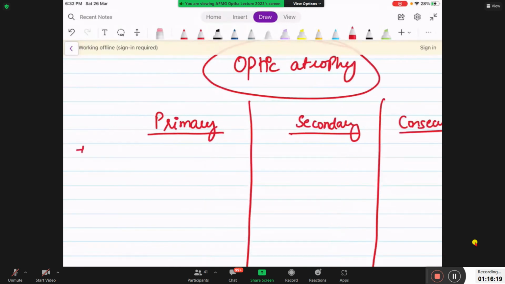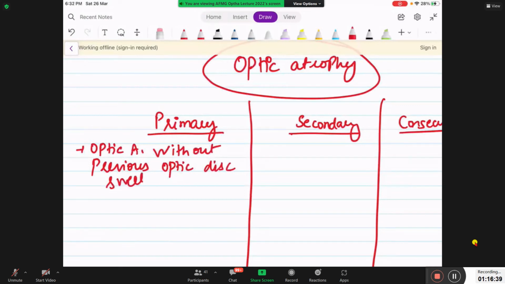Write down, if there is optic atrophy without previous optic disc swelling, then that is called primary optic atrophy.